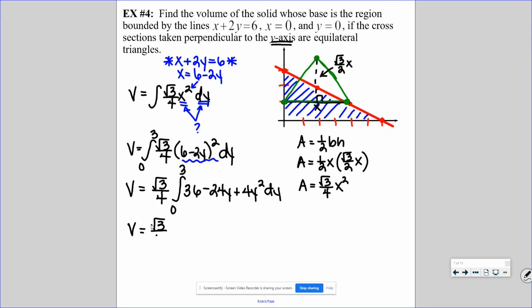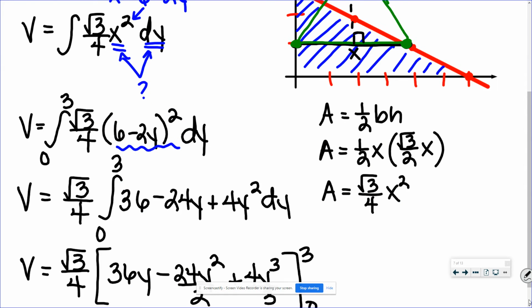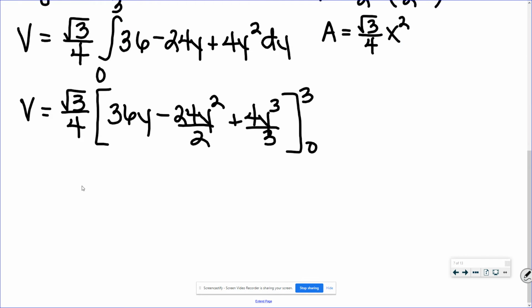So this is radical 3/4, I'm just leaving that outside of everything. This would be 36y minus 24y squared divided by 2 plus 4y to the third divided by 3. And remember, we're evaluating this from 0 to 3. And then the rest of your work is just going to be a lot of arithmetic to simplify.